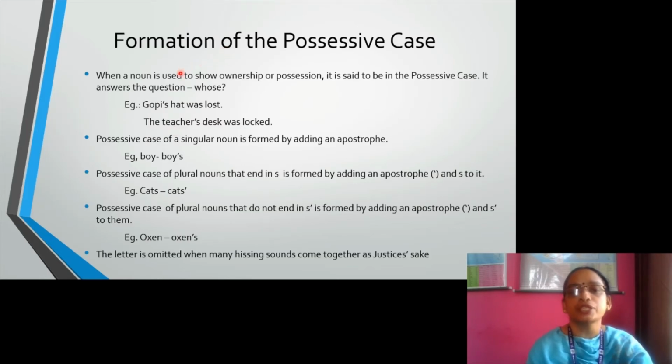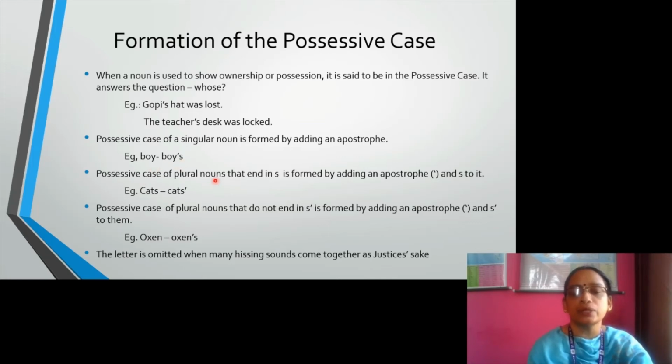Formation of the possessive case. When a noun is used to show ownership or possession, it is said to be in the possessive case. It answers the question whose. Gobi's hat was lost. The teacher's desk was locked. Possessive case of a singular noun is formed by adding an apostrophe and s: boy, boy's.